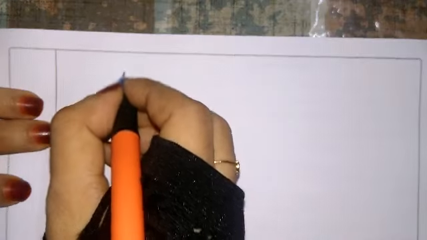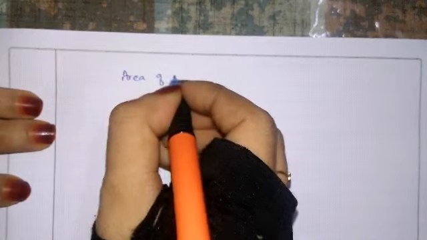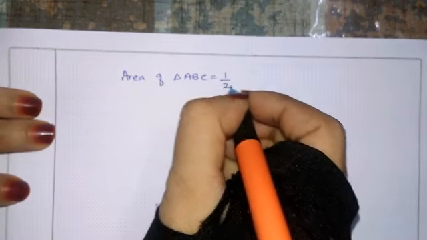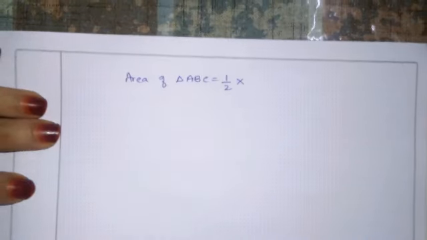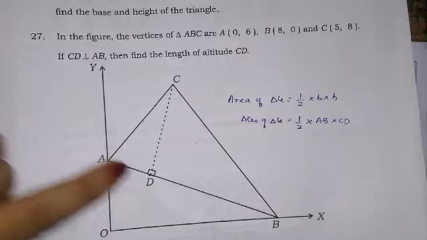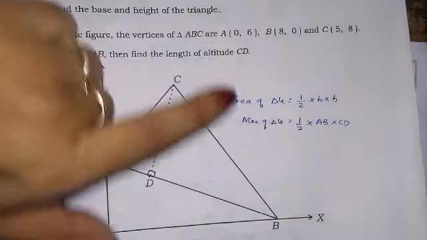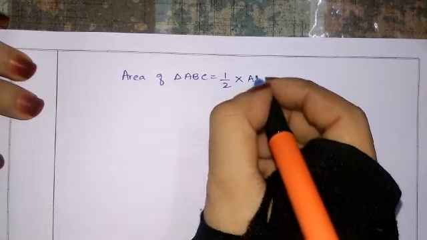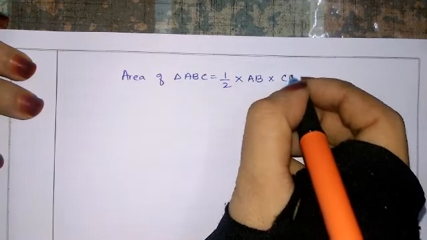Now we will find the length CD. Area of triangle ABC is equal to half into base, base is AB, height is CD. Base AB into height CD.